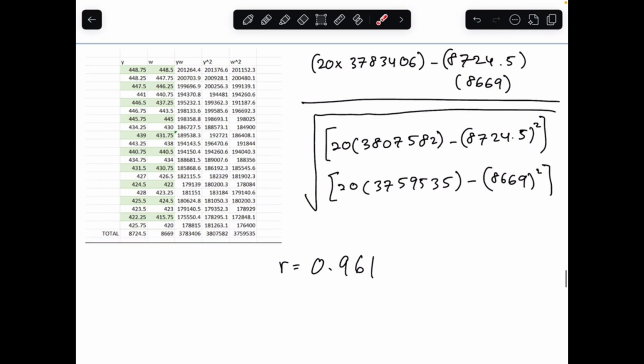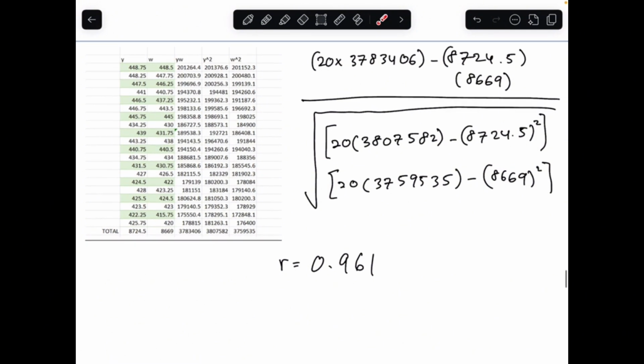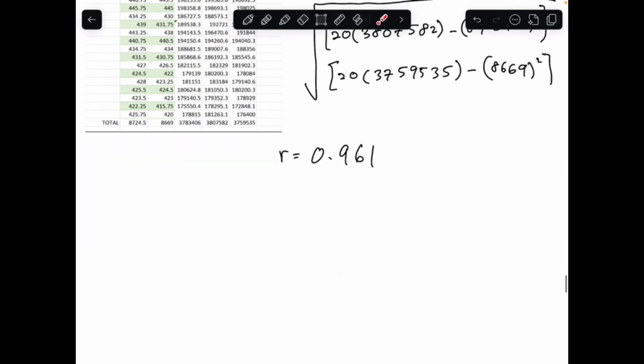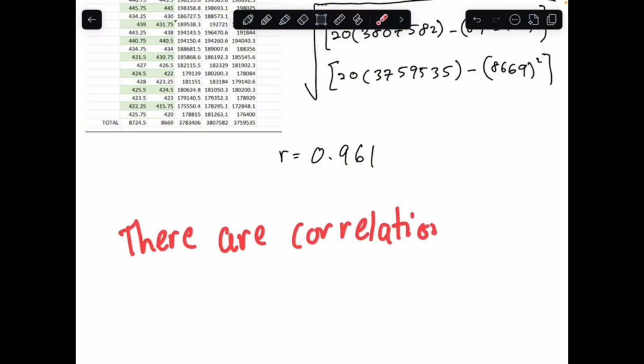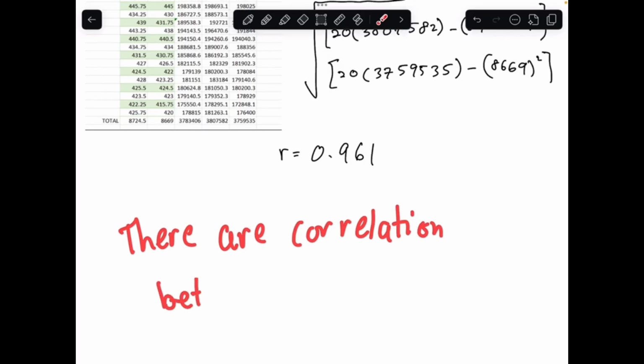Using the formula that we have written up there, we get 0.961, and there is correlation between them.